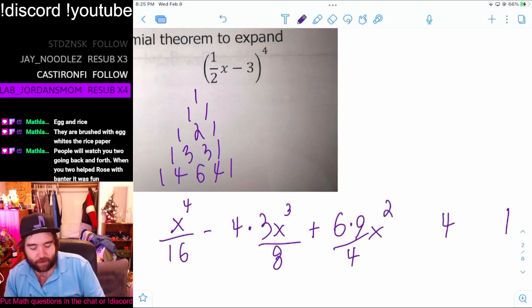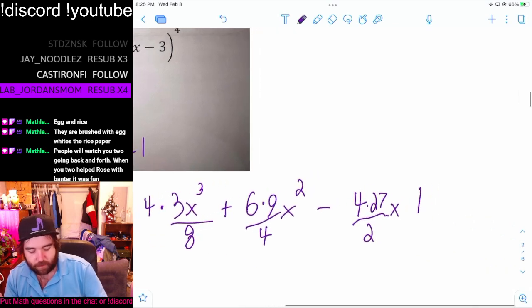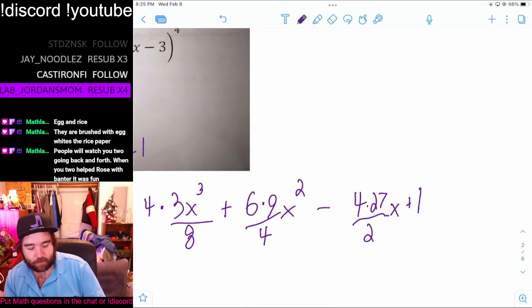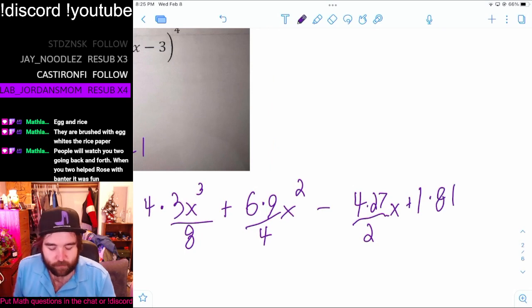And then minus the 4, and then 3 cubed times 27, and then 1 half x just to the first, so over 2 times x to the first, and then plus 1 times 3 to the fourth, which is 81.